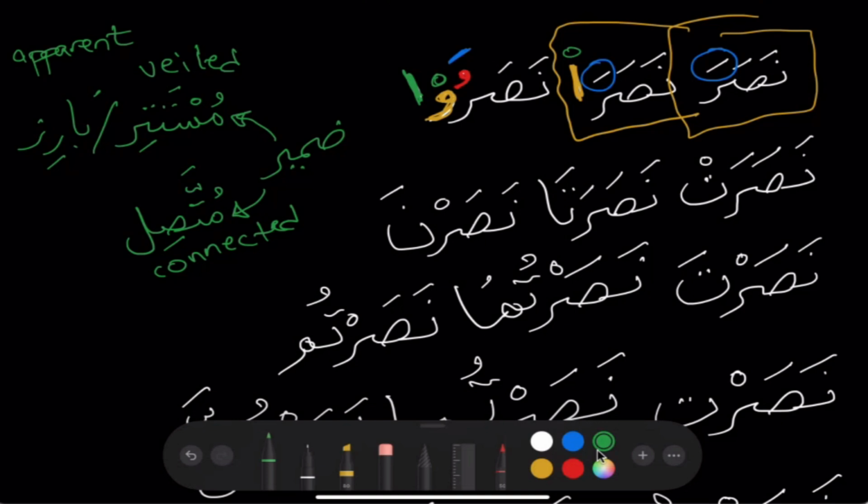Nasarat. She supported. So this is still the same fatha right there. And after Nasarat, what's this ta here? That's ta'u ta'nith. Now, if you're an amateur, you think ta'u ta'nith is a damir.